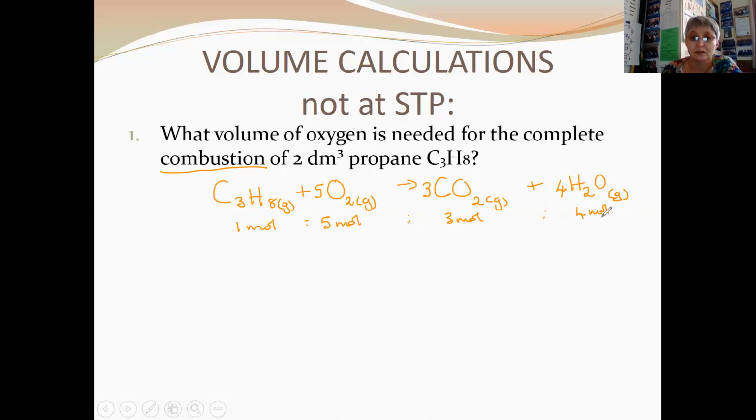I'm not allowed to use 22.4 to calculate anything here, but they say 2 cubic decimeters of propane is combusted.